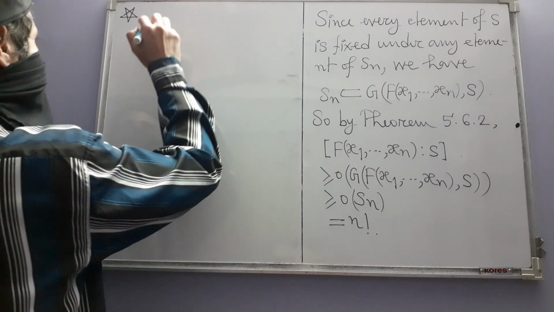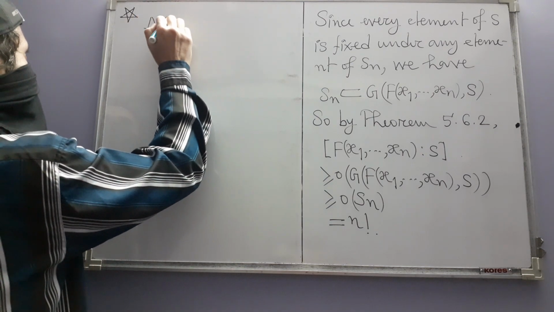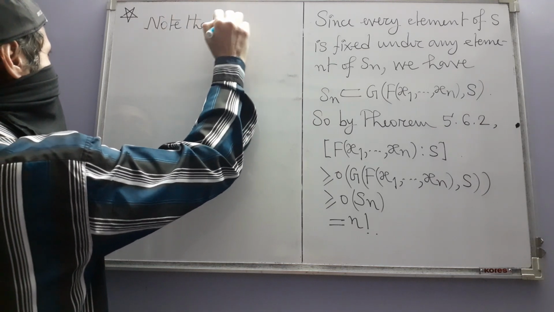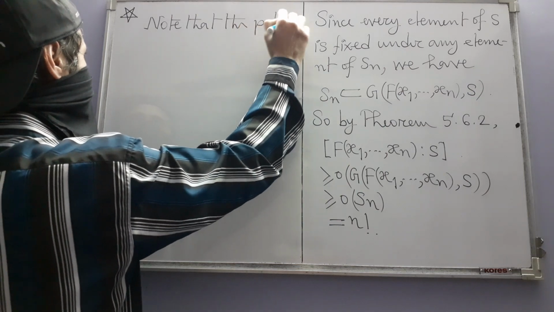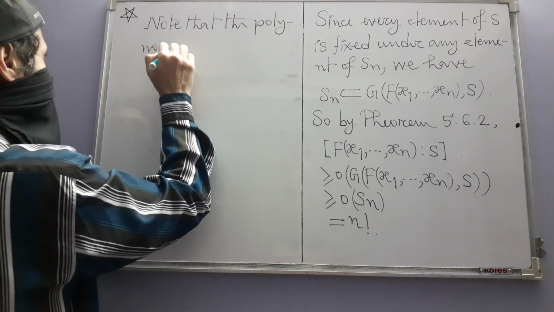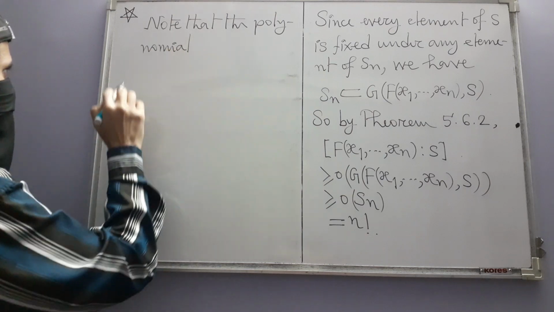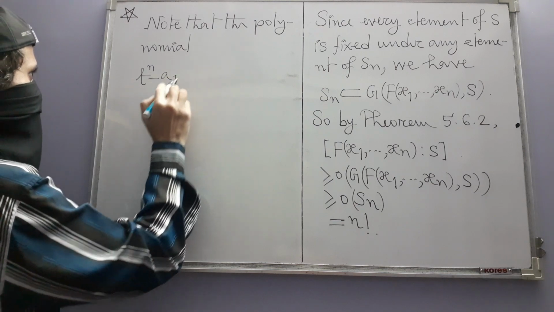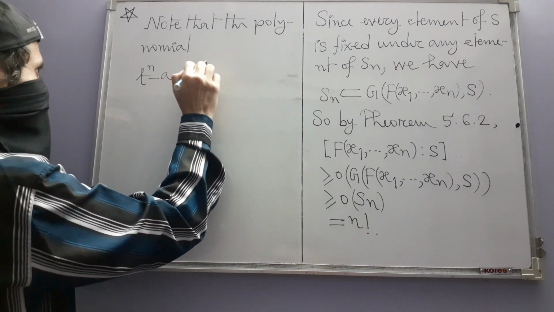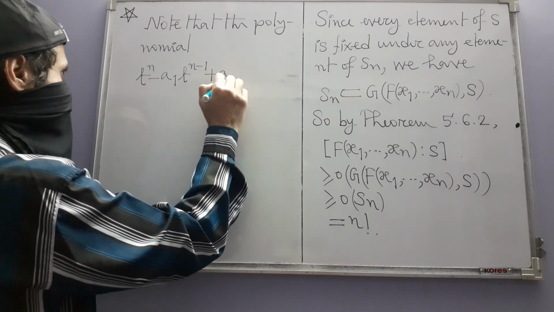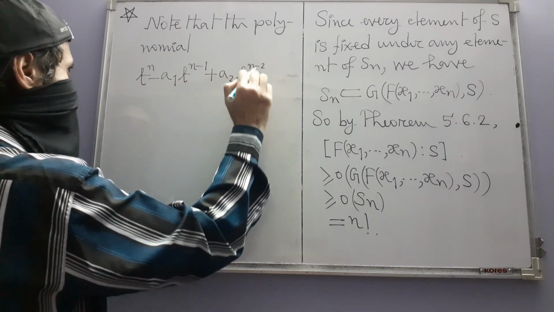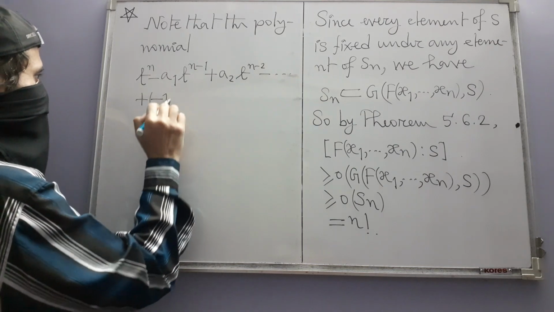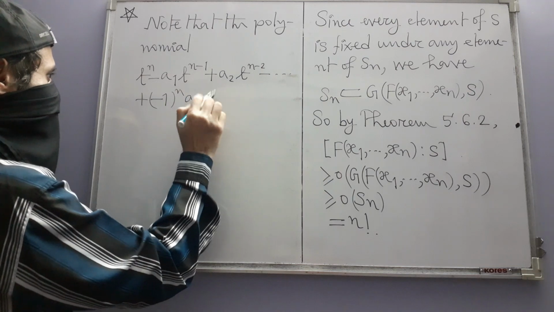Now note that the polynomial, this polynomial t to the power n minus a1, t to the power n minus 1 plus a2, t to the power n minus 2 and so on, plus minus 1 to the power n a n.